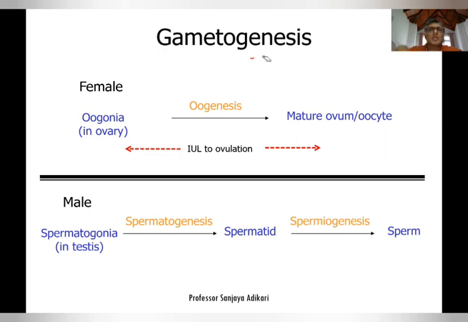That is called non-disjunction of chromosomes. Non-disjunction produces an ovum with one chromosome more, because both chromosomes go to one side. So ultimately, you get trisomy.